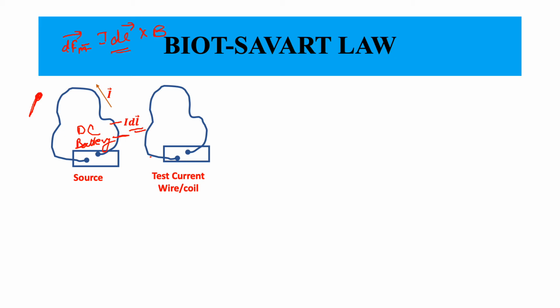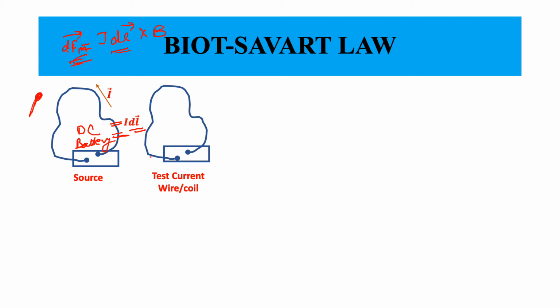And then we found out what the force is. If there is one current-carrying wire here, what is the force on this one? What about on another current-carrying wire? It has to be another current-carrying wire in order to experience this force.